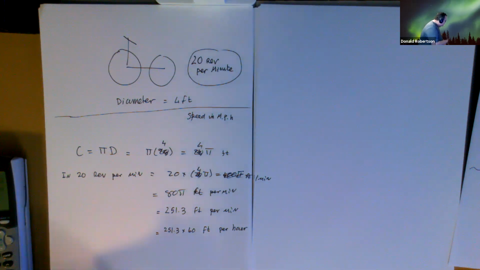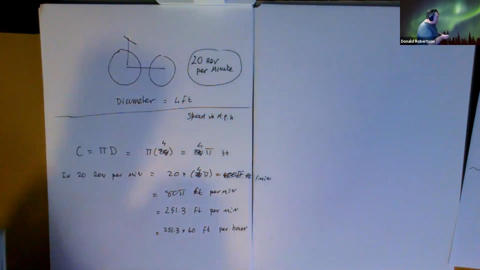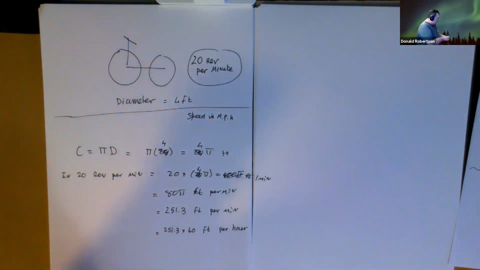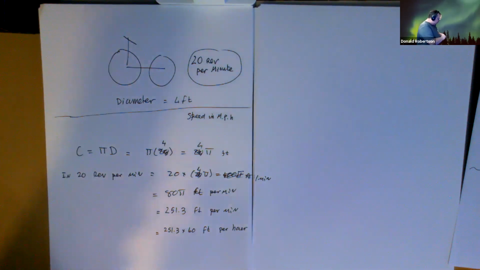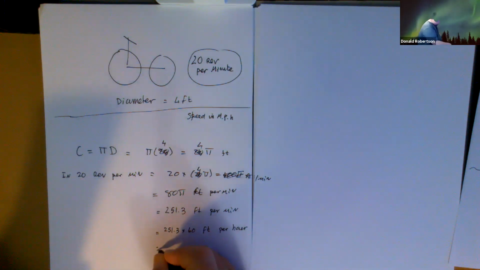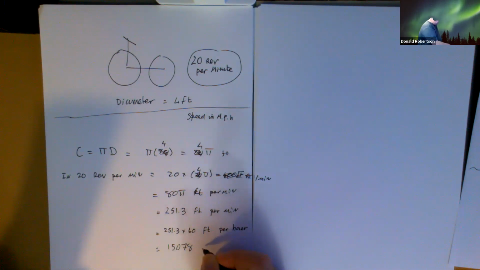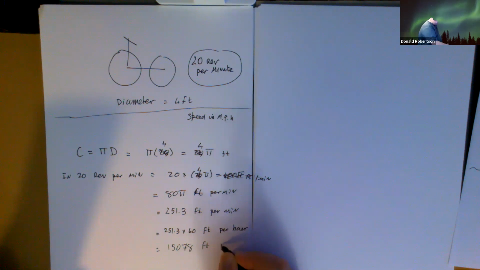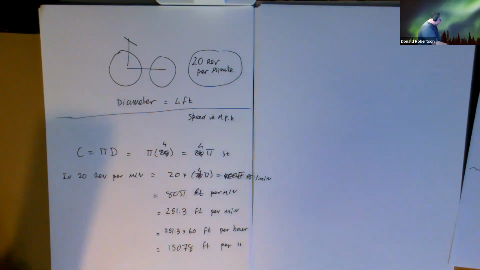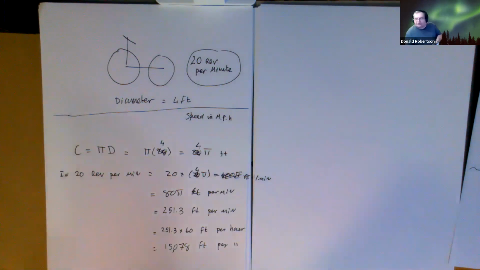Let's try that again. 251.3 times 60. I get 15,078 feet per hour, which is what? 15,078 feet.